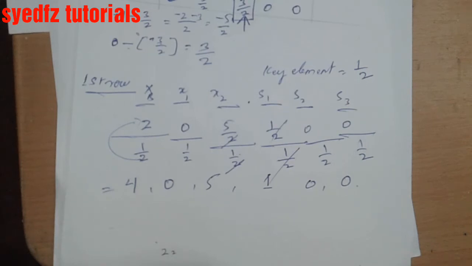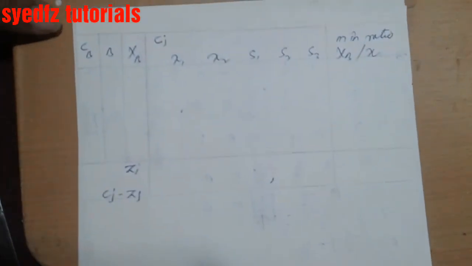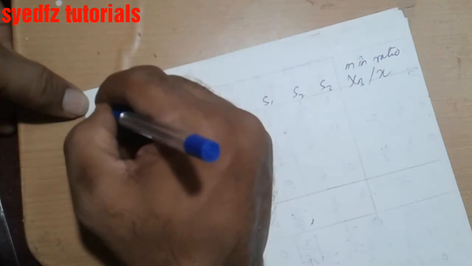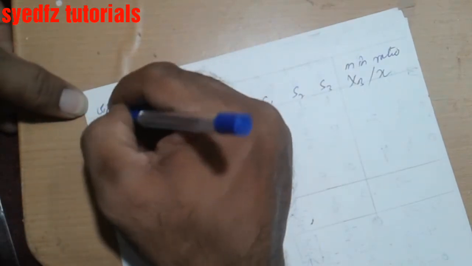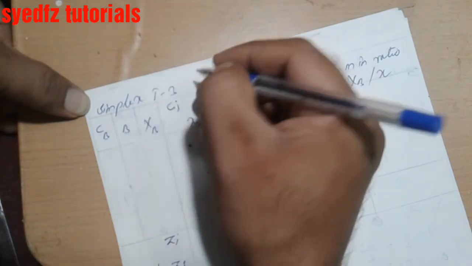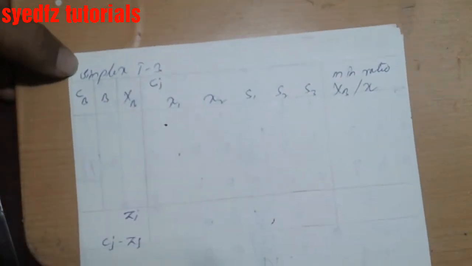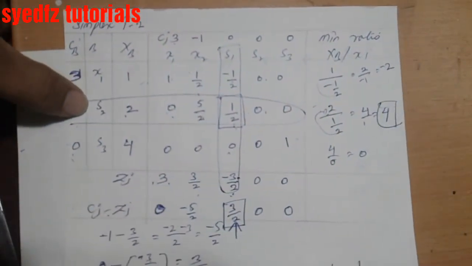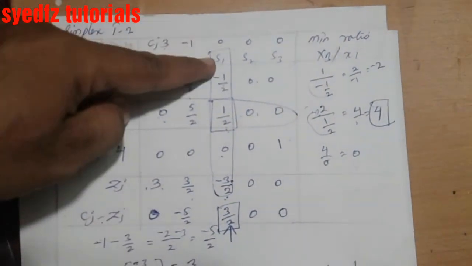Okay. Let's draw the table. Here I have already drawn simplex table third. So which one is exit? S2 will be eliminated and S1 will enter.